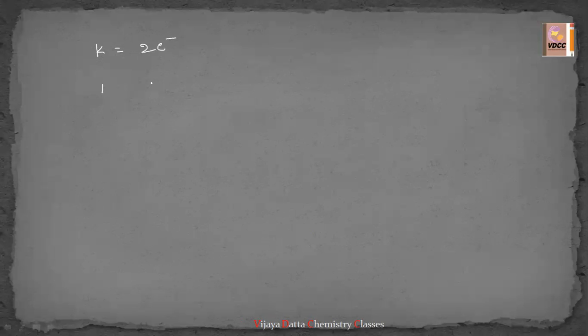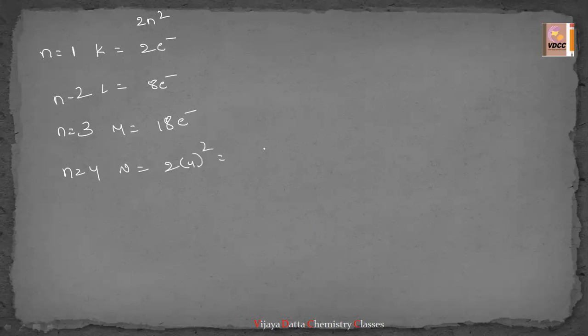And the L shell has 8 electrons because of the 2n square formula. When n equals 1, K shell. When n equals 2, L shell. When n equals 3, M shell has 18 electrons. When n equals 4, the N shell has 2 into 4 whole square, that is 32 electrons.